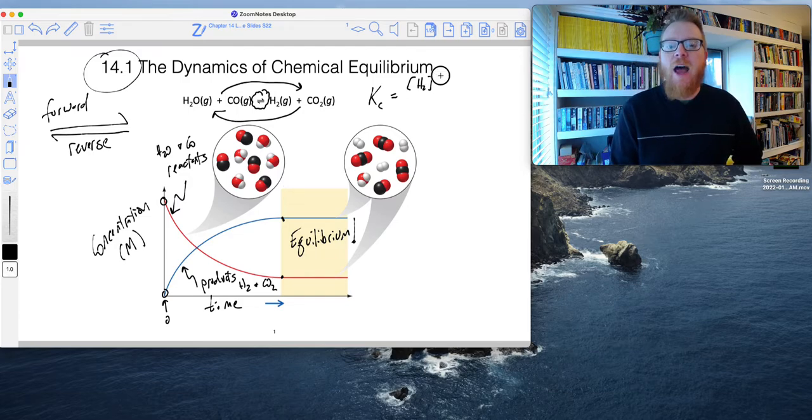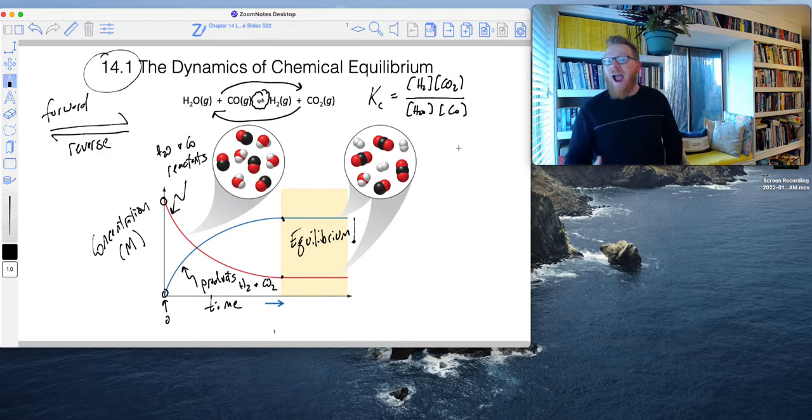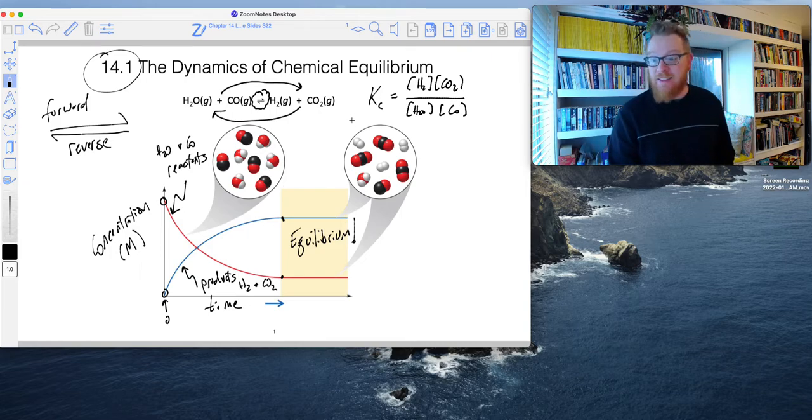So that's going to be times CO2, so products divided by reactants, and now that's H2O times CO. The way in which we determine this equilibrium constant is by plugging these concentrations into this expression. We'll get lots of practice with this.